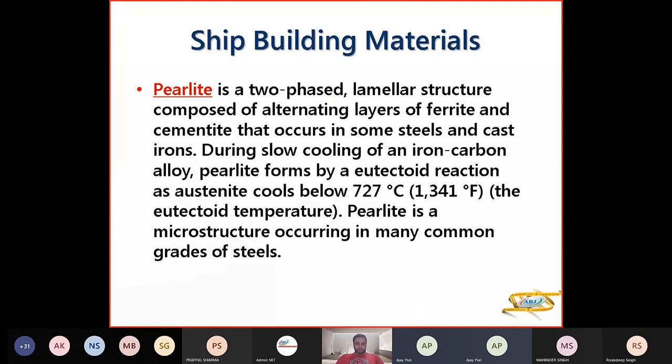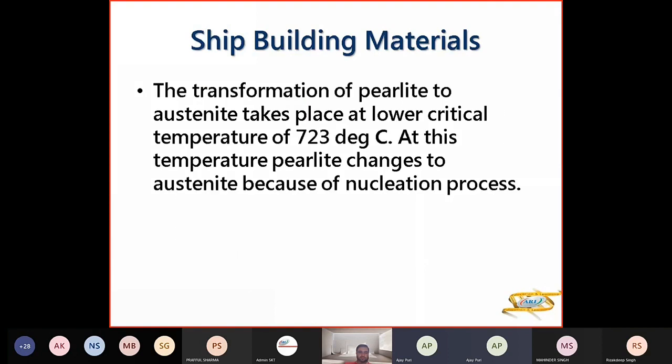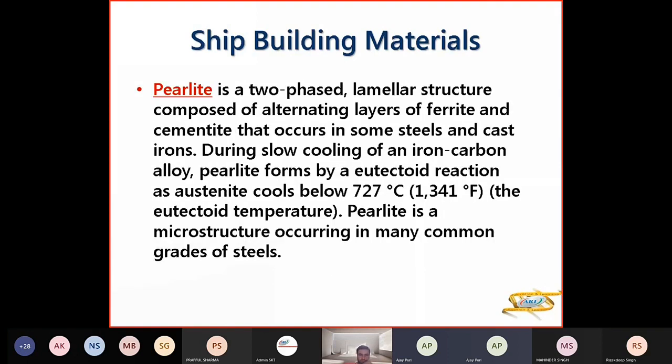Now pearlite is another form of iron, which has a pure pearl-like appearance like this, rather than the cementite which has got a porous appearance. So pearlite is a two-phased lamellar structure composed of alternating layers of ferrite and cementite that occurs in some steel and cast iron.